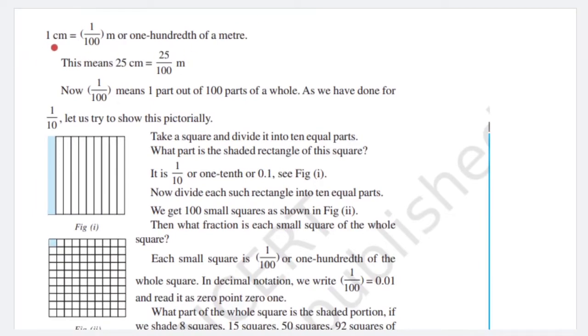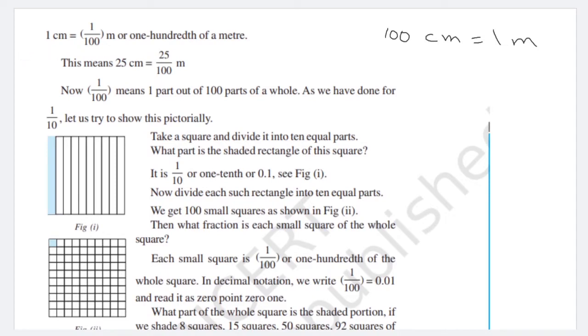See, 1 centimeter is equal to 1 by 100 meter. We all know 100 centimeters make 1 meter. That means we know 100 centimeters is equal to 1 meter.